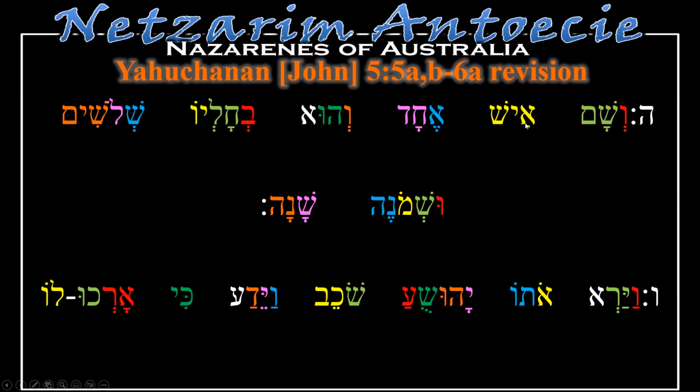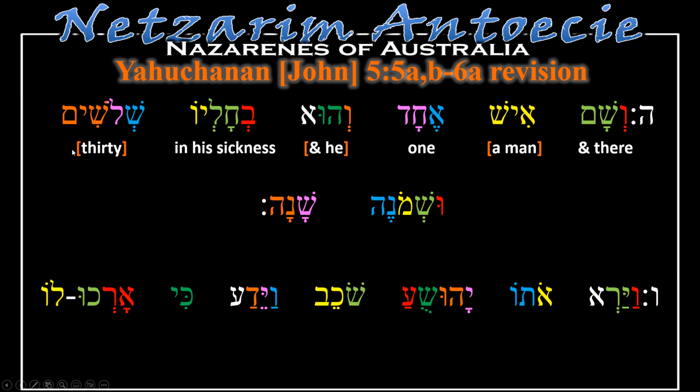And so after all that, we come to our revision. And we see we've got a hey, we know we're in verse 5. Ha-sham, and there, ish, a man, echad, one, vehu, and he, bechol-yo, in his sickness, shloshim, 30.